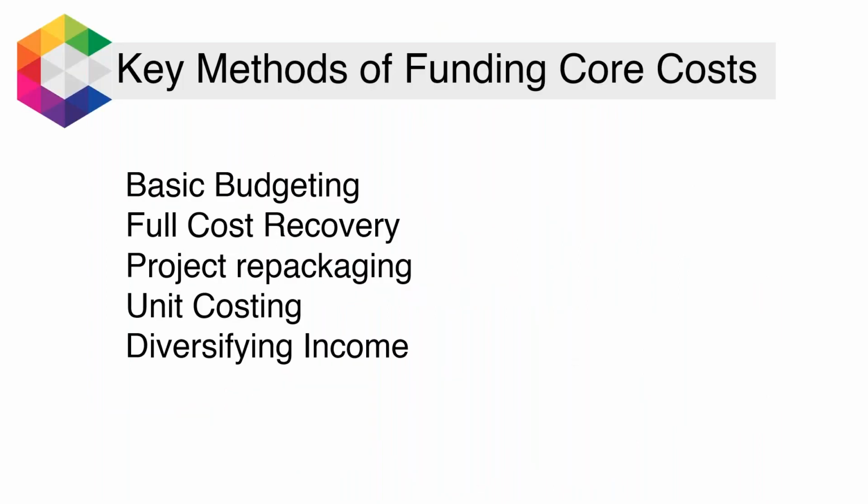So right now I want to have a look at the key methods of funding core costs. So this is basically several different methods which you can use to cover the core costs. So we're going to look at basic budgeting, full cost recovery, project repackaging, unit costing, and diversifying income. These are all very sexy topics, you will see.